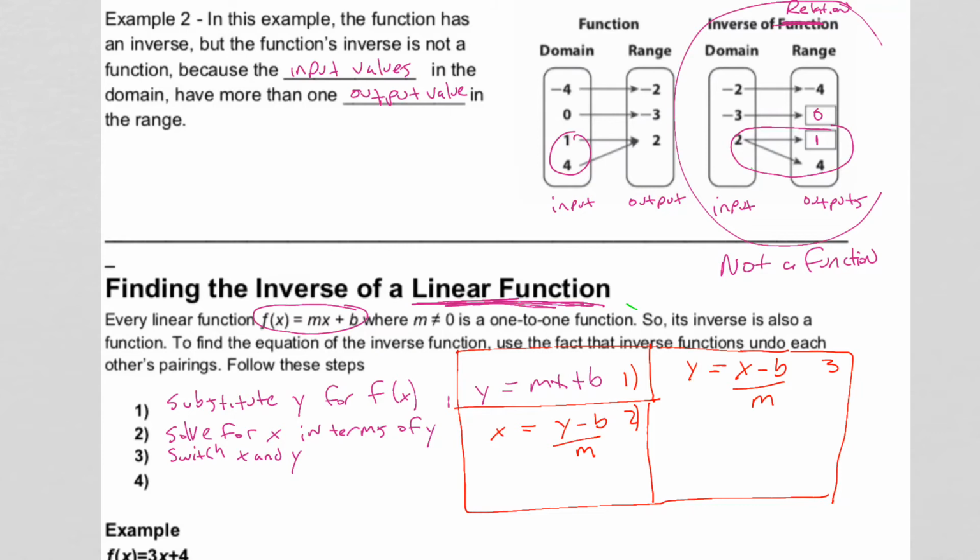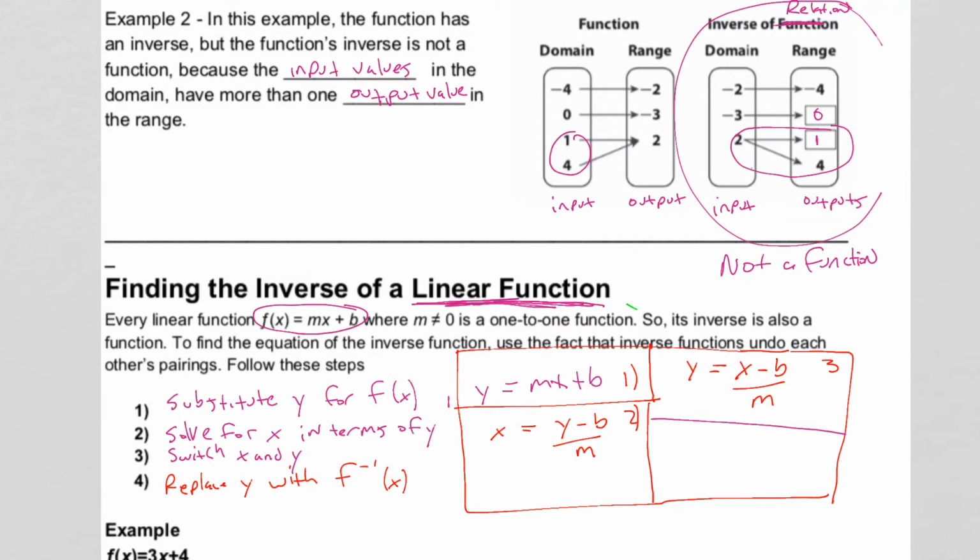And then the last step, and this looks complicated more so at the moment because we're using all letters, but hopefully in a moment you'll see that it will make more sense. Replace y with f negative 1 of x.